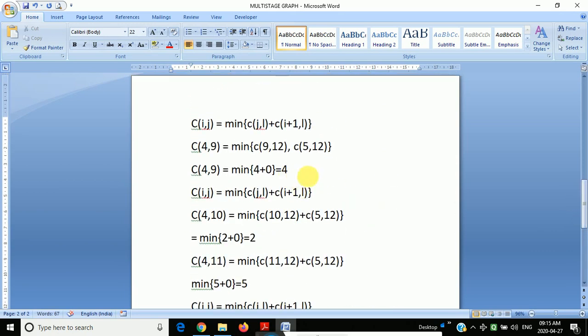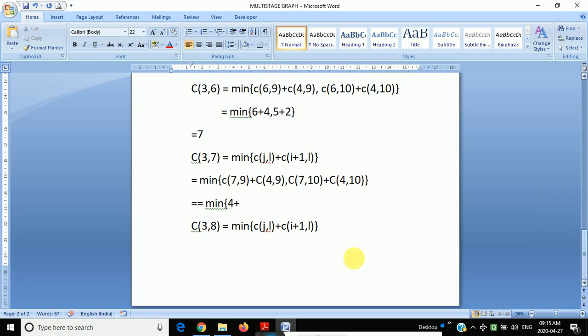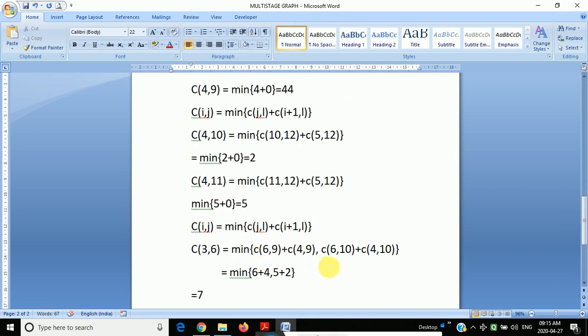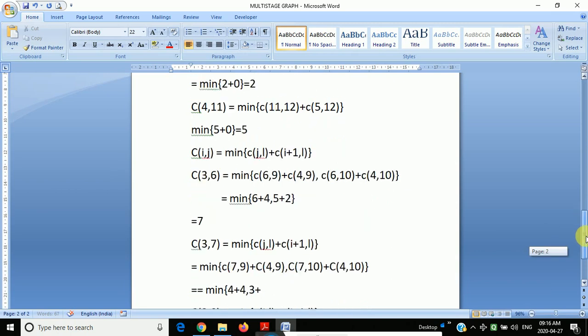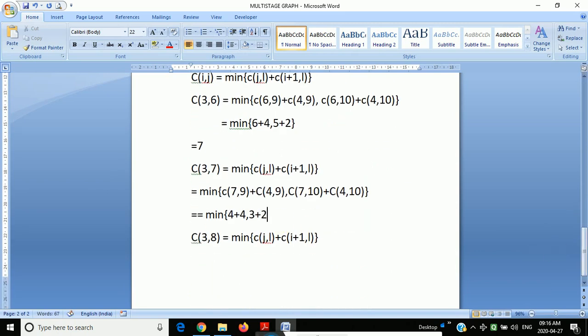The cost of C 4 comma 9 is 4. Then 7 comma 10 cost is 3 plus the 4 comma 10 cost, which is 2. So if you do like that, you will get 4 plus 4 is 8. 3 plus 2 is 5. Which one is the minimum? We will get the answer as 5.